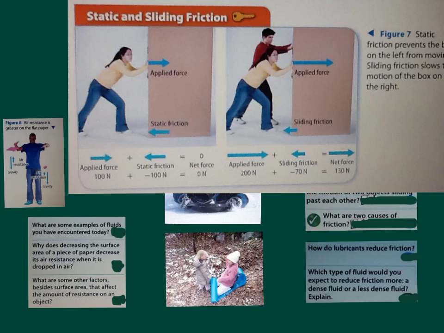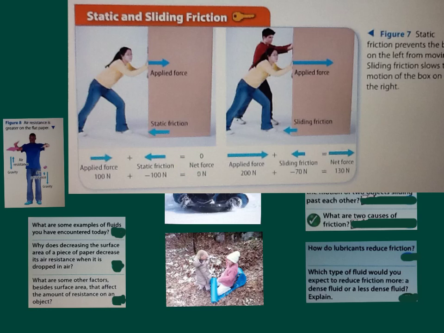Okay? So next, sliding friction. When static friction reaches its limit, where it can't hang on any longer between the surface and an object, the box will move. Okay, so looking at this part of the diagram, the force of the two students pushing is greater than the static friction between the box and the floor.